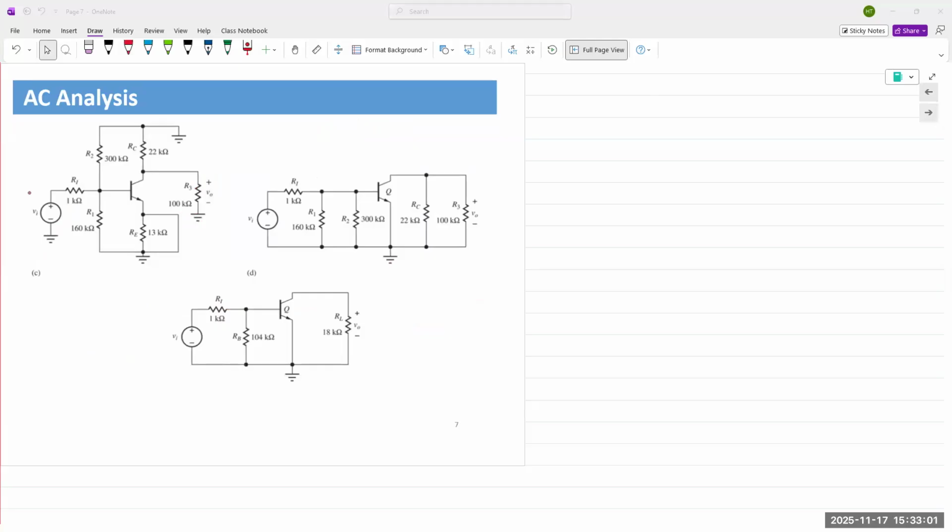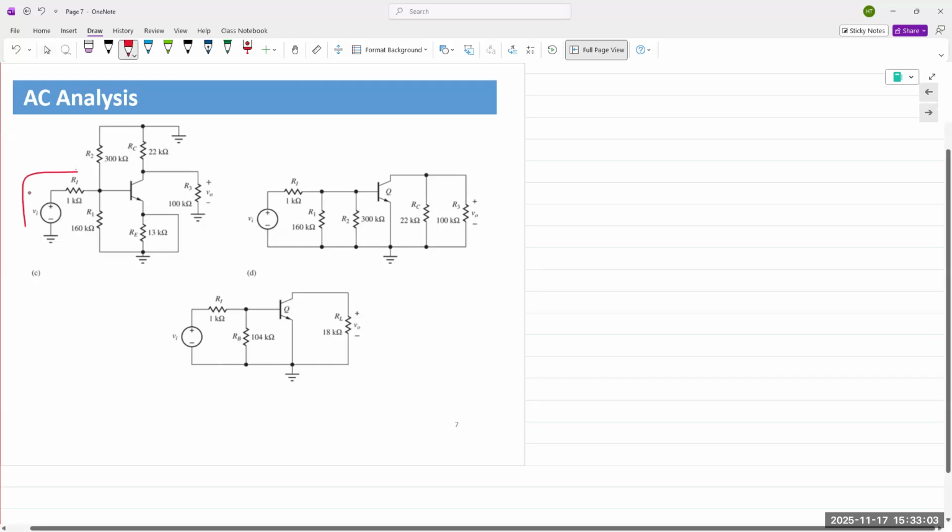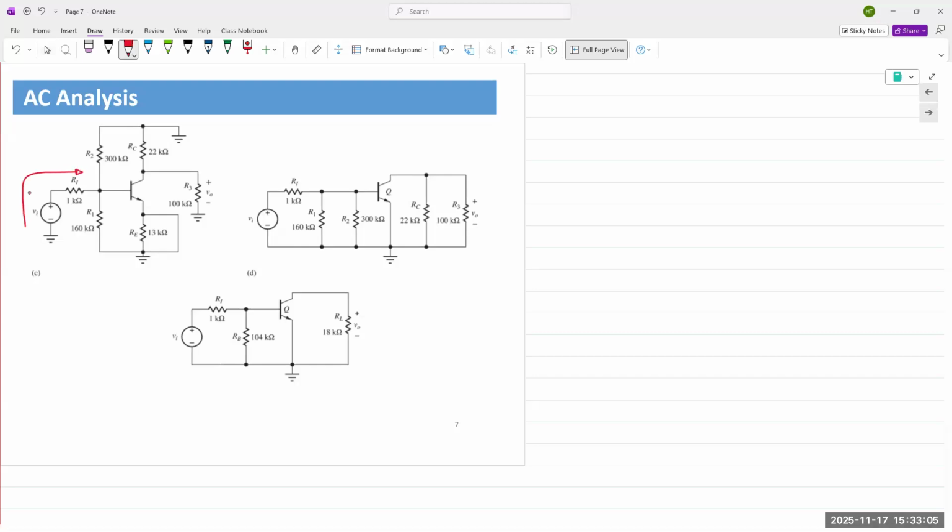And because it results in a short circuit, now you have V1 going into the base. Right? And we replace all capacitors and inductors with their AC equivalents. And the AC equivalents mean a capacitor will be a short circuit, an inductor will be an open circuit.